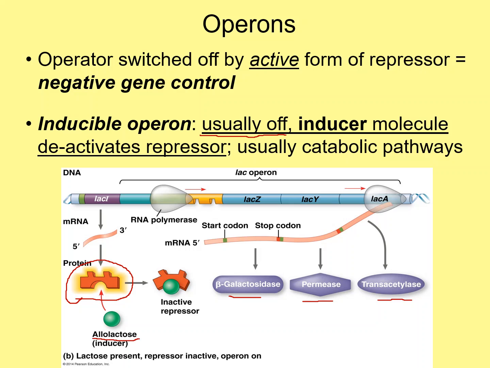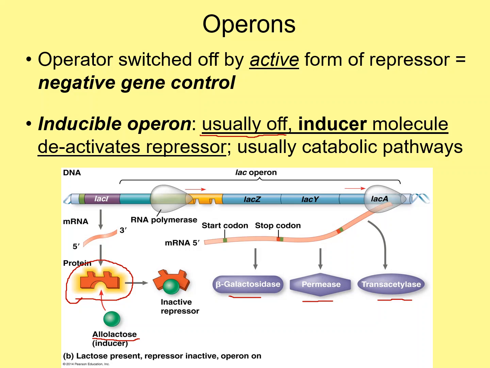So if you don't have lactose, you don't have allolactose. And if you don't have either one of those things, then you have an active form of the repressor. It's going to bind to the operator, and that whole operon is turned off. Again, it doesn't make sense to make enzymes that you don't need, right? You don't need to make beta-galactosidase if you don't have lactose to break down.